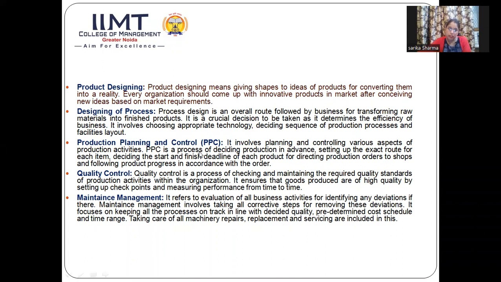So in control, if the customer gives negative feedback, the company tries to improve that particular product. So control is the backward process. And next, quality control is a process of checking and maintaining the required quality standards of production activities within the organization.